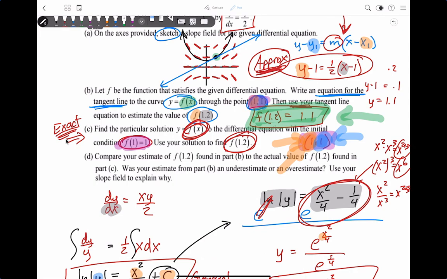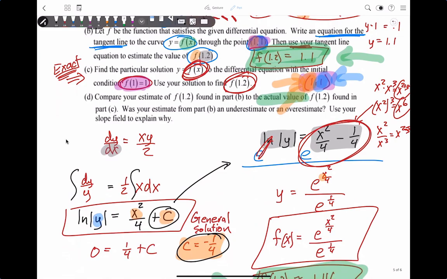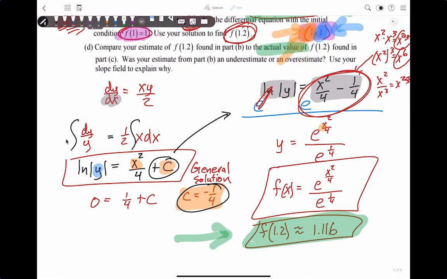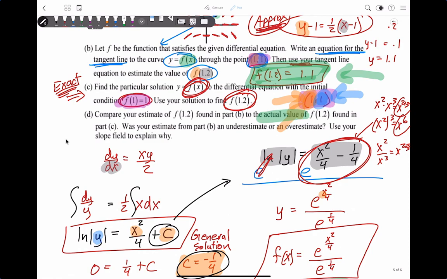So when it says for part D, compare the estimate of f of 1.2 found in part B with the actual value of f of 1.2 found in part C: was your estimate for part B an underestimate or an overestimate? And then use your slope field to explain why.